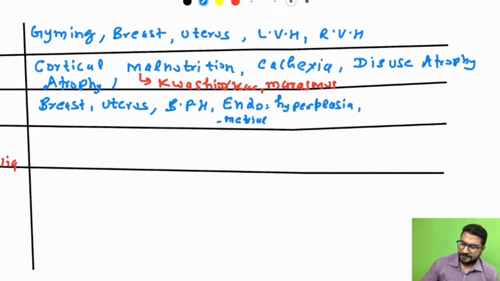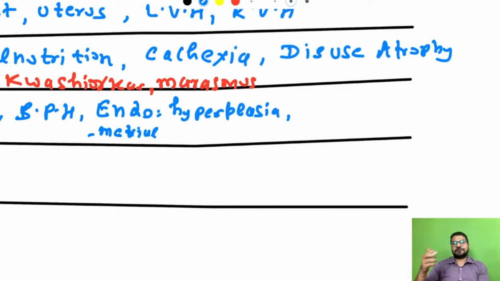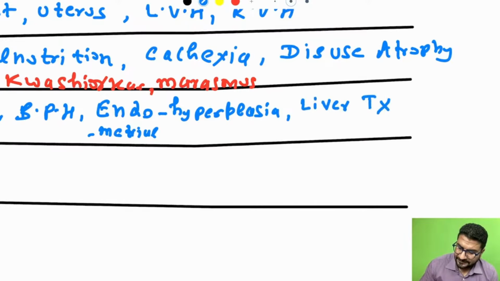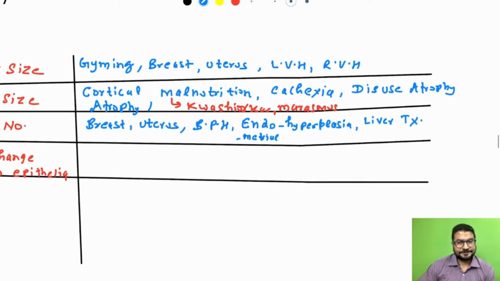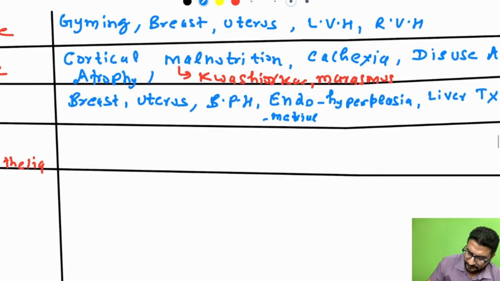Then you can see hyperplasia in a patient who has had a liver transplant. The hyperplasia in a liver transplant is called compensatory hyperplasia.